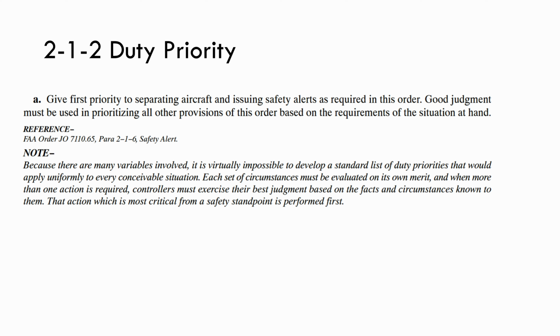You, the controller, can say, hey, you know what? I know exactly what I need to do once I am through with ensuring that all the traffic I have on frequency is properly separated and there are no pending safety alerts to give. I can go and start finding good work to do and plying my trade as I know how.